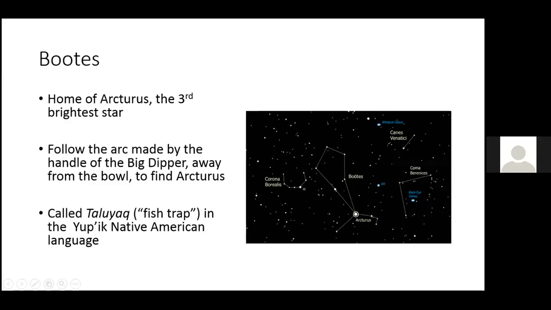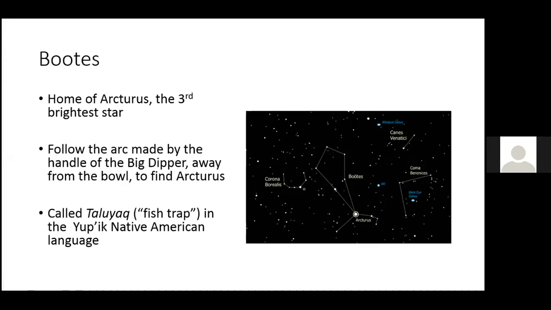And from Arcturus, you can find the rest of this constellation. In this one, it's supposed to be a guy, a trapper. But in the Native American language Yupik, it's also called Talulak, because it kind of looks like a fish trap. You know, it's kind of got this trap going on here.